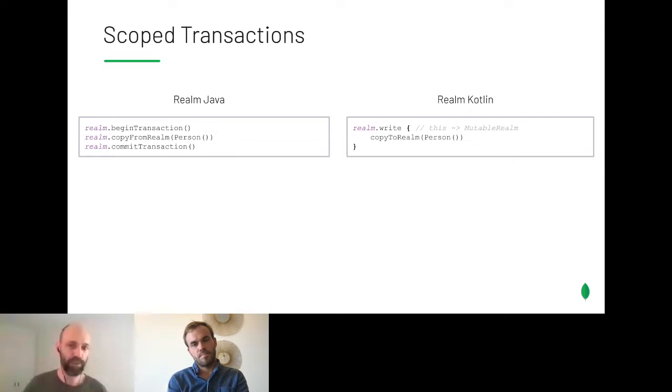We therefore provide this write transaction on a separate mutable realm within a managed scope. Inside the scope, it allows us to create and update objects just as in RealmJava, but the changes are only visible to others once the scope is exited. We actually had a similar construct in RealmJava, but this is now the only way to update the realm.